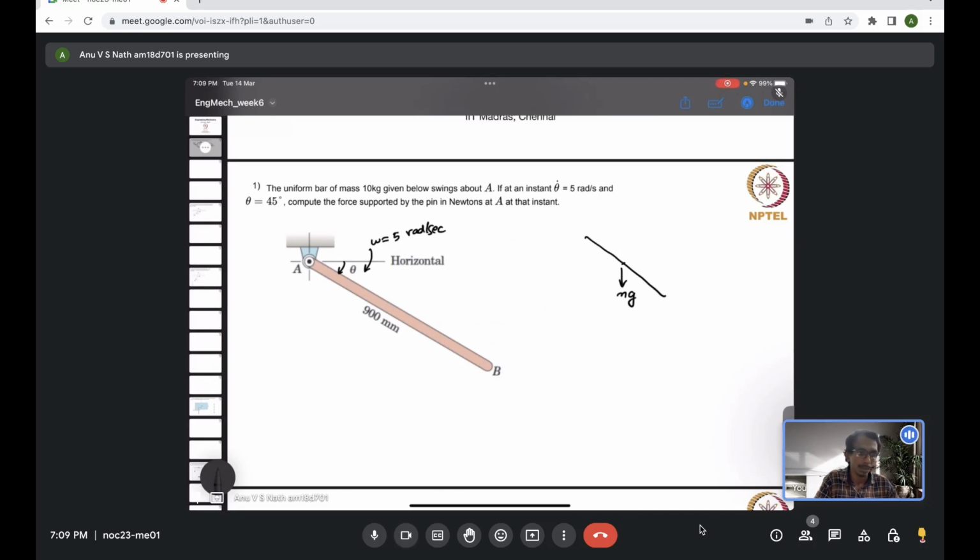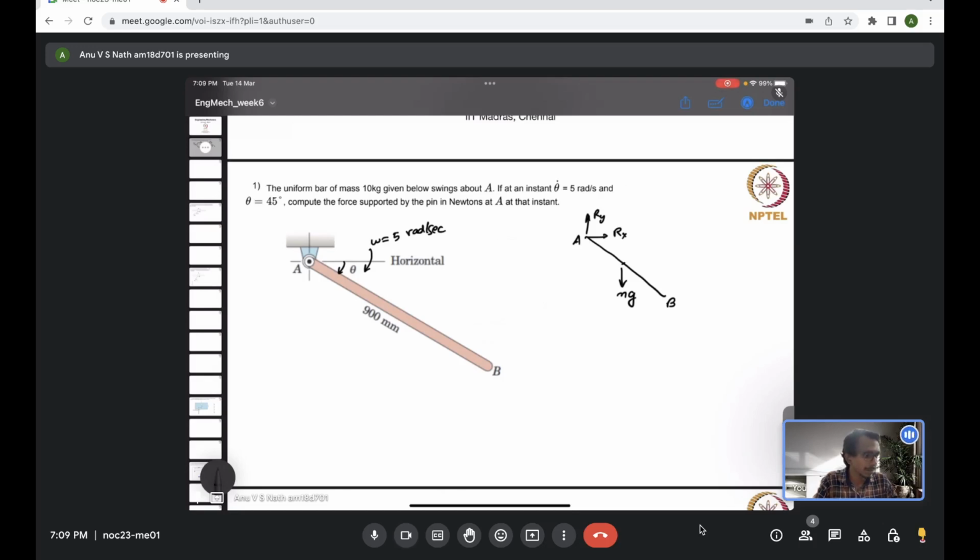That's one of the forces acting on the body AB, or the rod. And now at the point A, there can be a reaction. It's a pin joint, so it can support both horizontal and vertical reaction. So it will have, let's say, a horizontal reaction Rx and a vertical reaction Ry, which are unknowns at the moment.